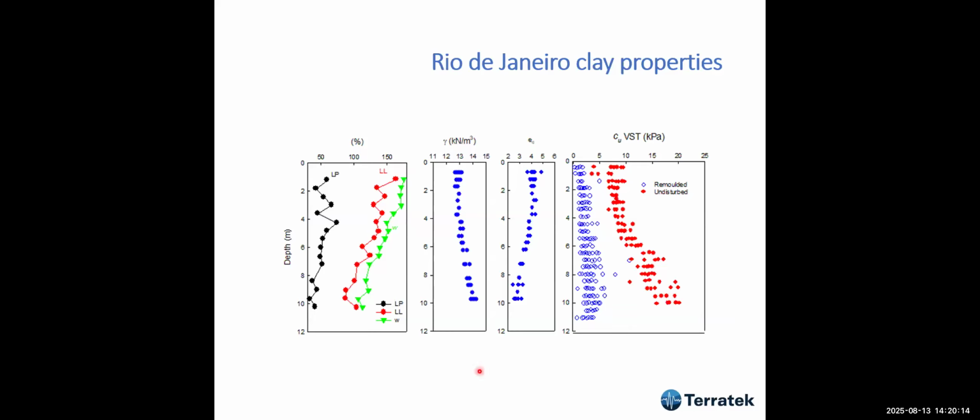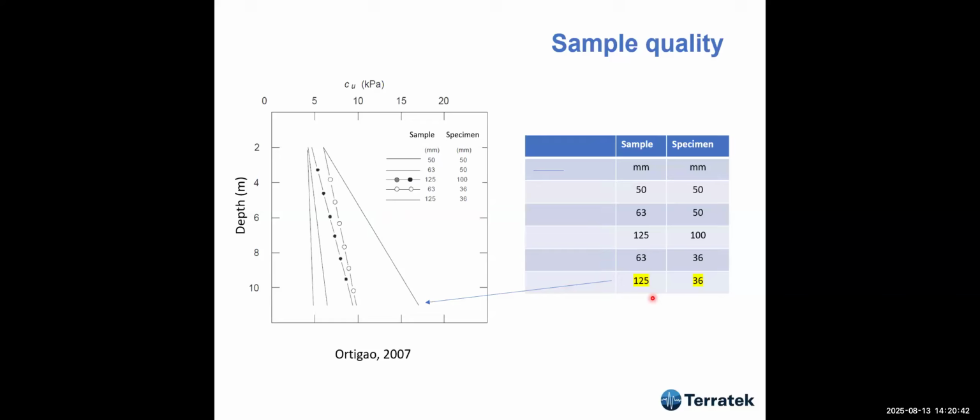It's a very soft clay. So this is the unit weight, void ratio, and here undrained strength measured by the VST, which is the vane shear. We're going to talk about that later. And these are remolded data, and these are undisturbed samples. Okay, and we're going to talk about this later.